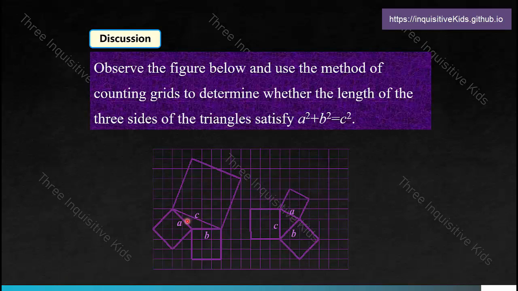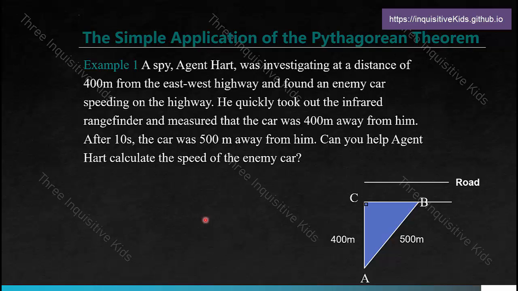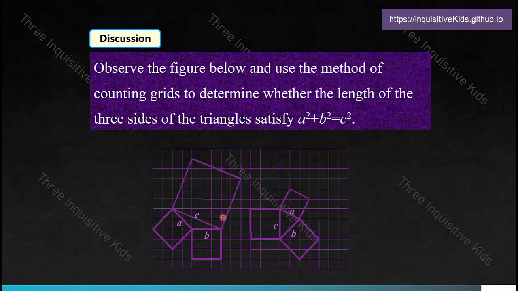You're just going to count how long each of these sides are and see if A squared plus B squared equals C squared applies to this. Are you done? Was it yes or no? So this might leave you thinking this is an obtuse triangle and over here is an acute triangle. Keep thinking. Why do you think it doesn't apply if it doesn't? Or if it does, why?